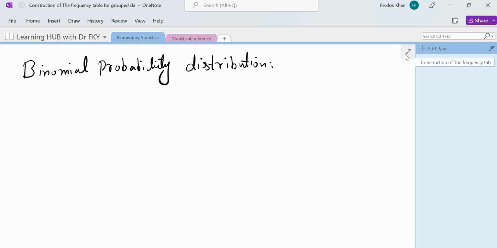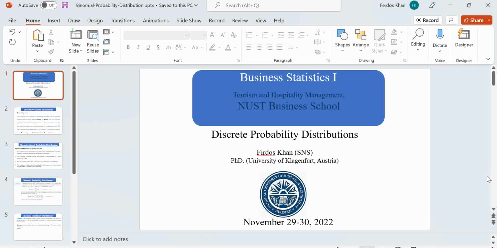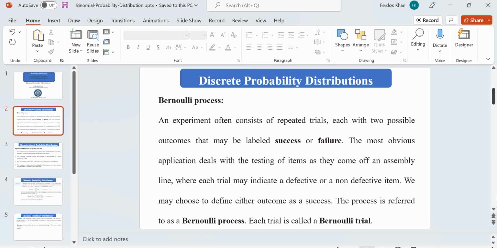The binomial distribution has some characteristics, but before that I would like to explain the Bernoulli trial. What is meant by a Bernoulli trial? A Bernoulli process or Bernoulli trial: an experiment often consists of repeated trials, each with two possible outcomes that may be labeled success or failure.